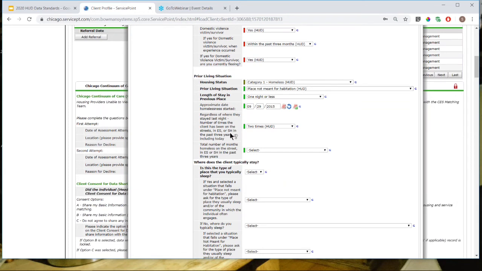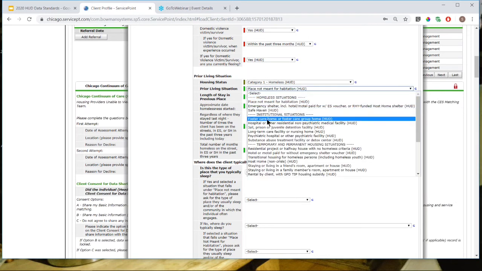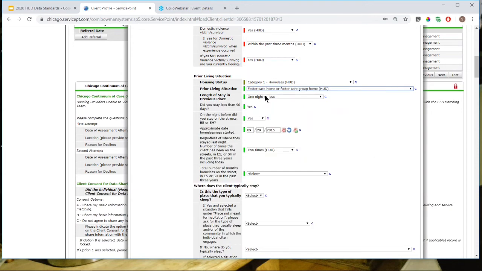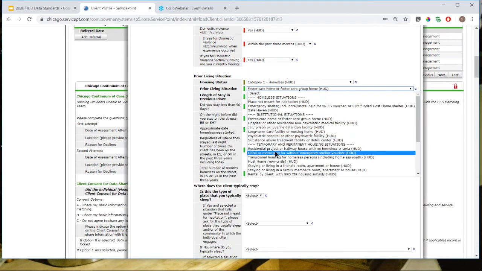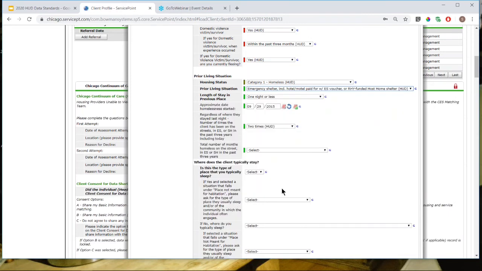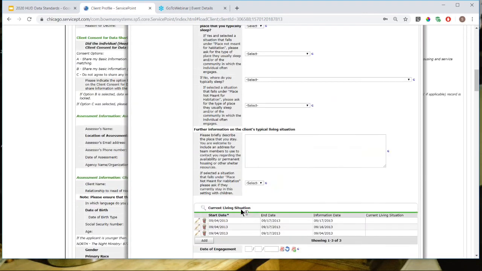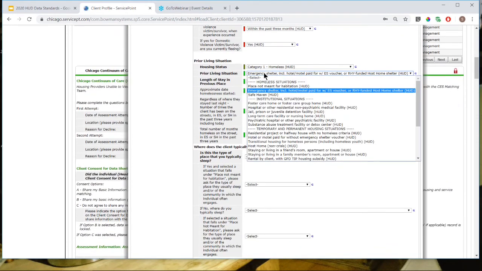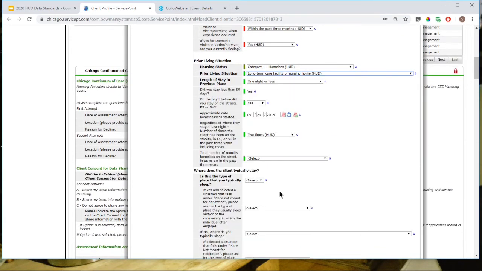So you'll notice that we sort of flipped it from how it was before. Housing status and then prior living situation are going to be right next to each other. And the additional questions with conditional logic are also here. And it's above our typically stay questions so that you can see all the changes that are happening.